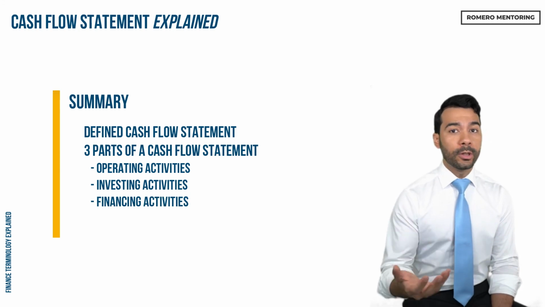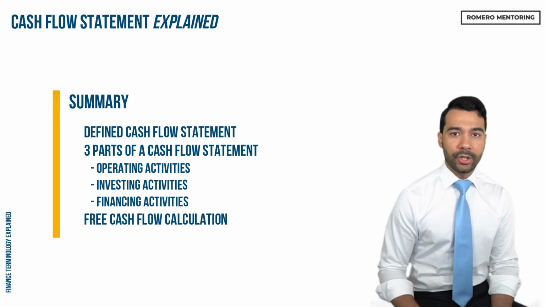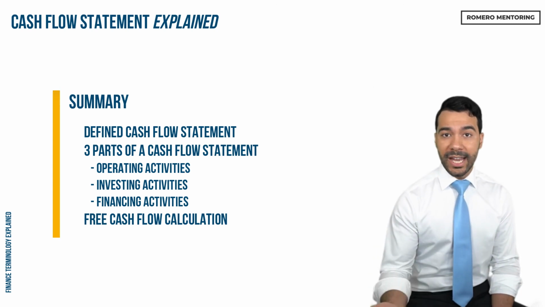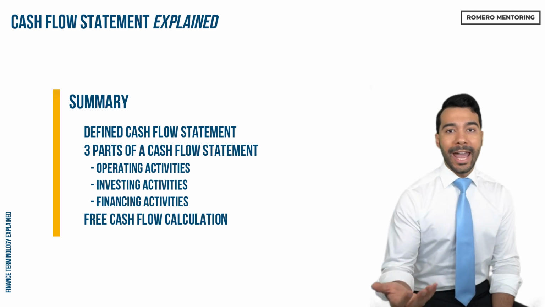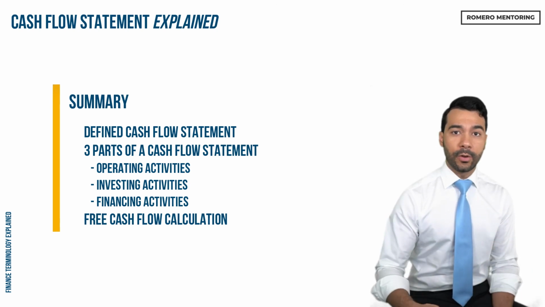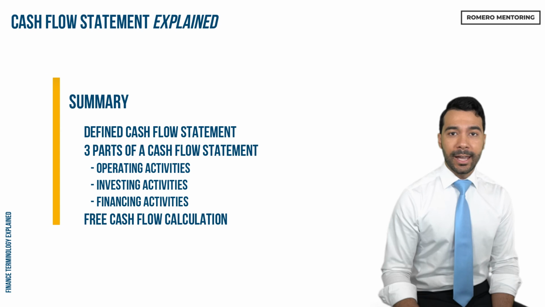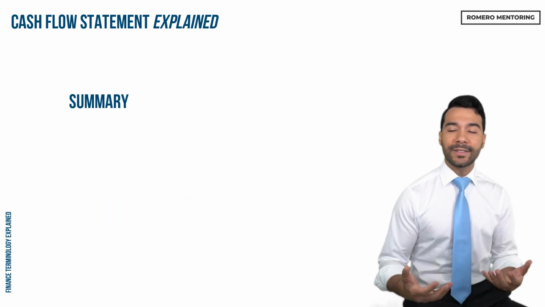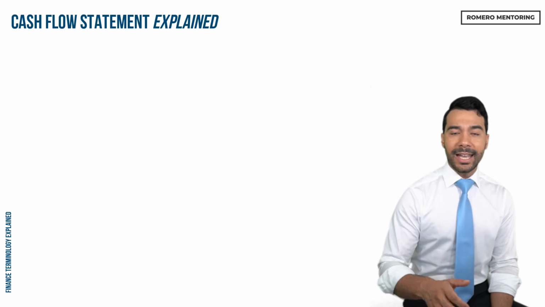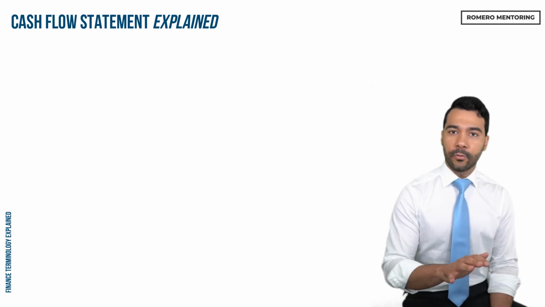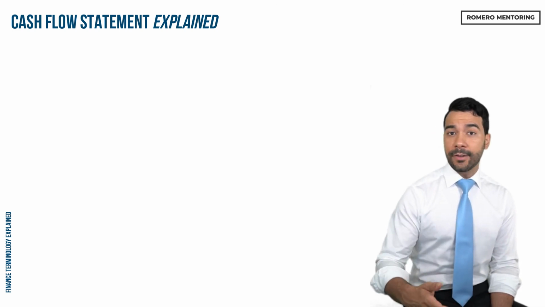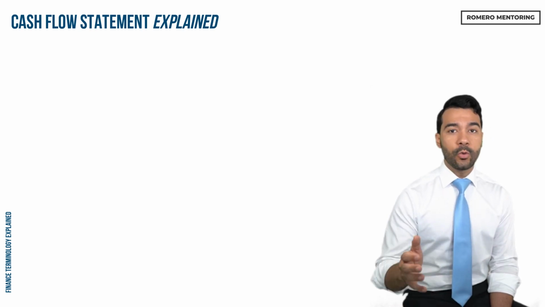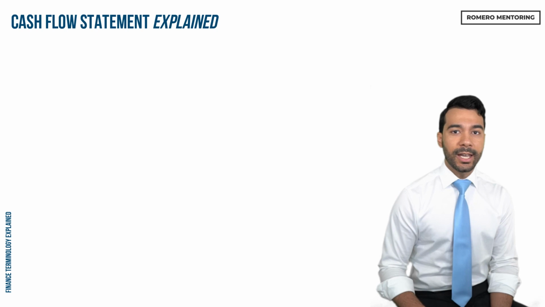We also looked at free cash flow calculation, which again is the cash that the company has available to pay down its debt and also reward their equity investors or their shareholders in the form of a dividend or share buyback, and can also be cash to make an acquisition or reinvest in the business. So we hope again that this gives you a better understanding of reading a cash flow statement. And if you have a stock or a company as part of your portfolio, make sure that you apply this simple exercise to that business.